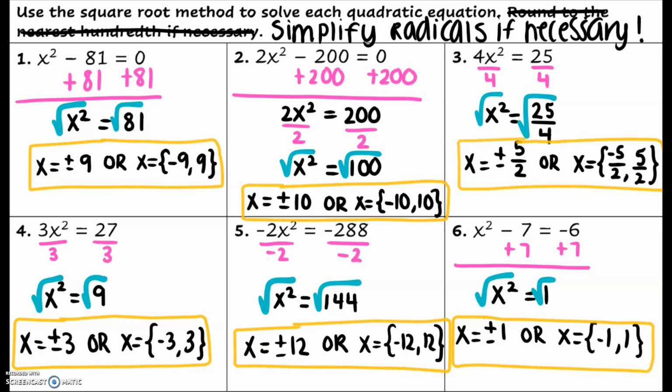In example 3, you'll notice that we are left with the fraction 25 over 4 before we take the square root. Remember, back when we learned about radicals in the beginning of the year, you may take the square root of a fraction as long as that fraction has perfect squares in both the numerator and the denominator. And that happens to be the case in problem number 3.